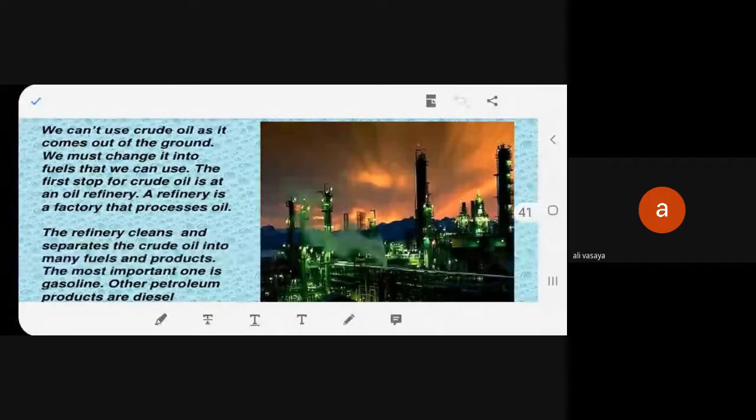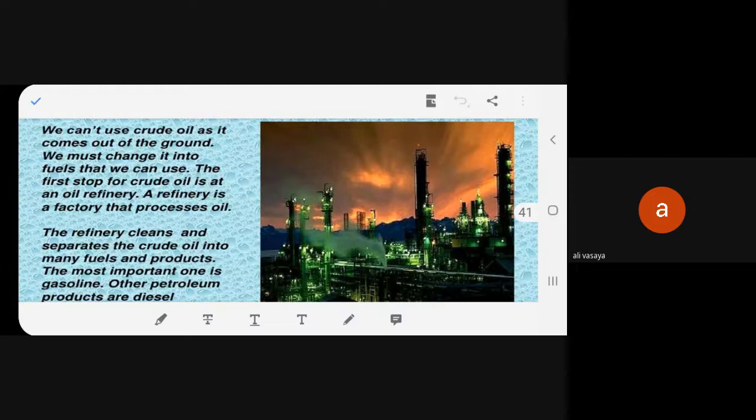We can't use crude oil as it comes out of the ground. We must change it into fuels that we can use. The first stop for crude oil is at an oil refinery.